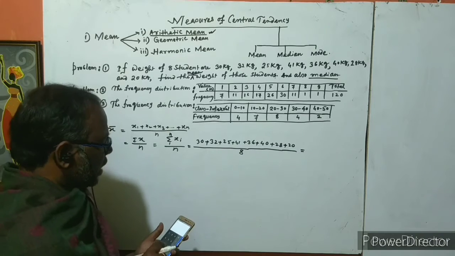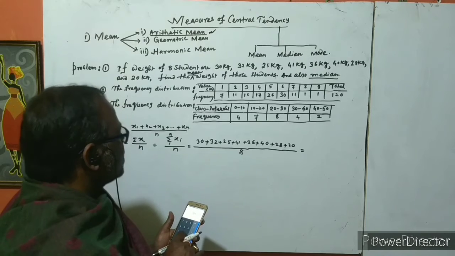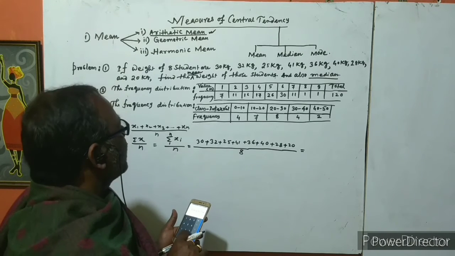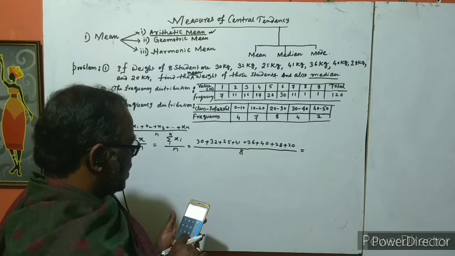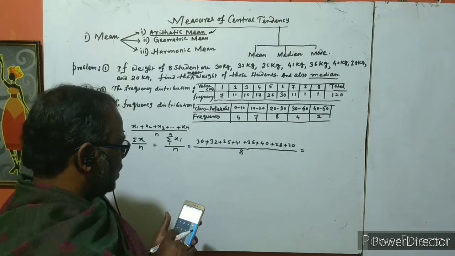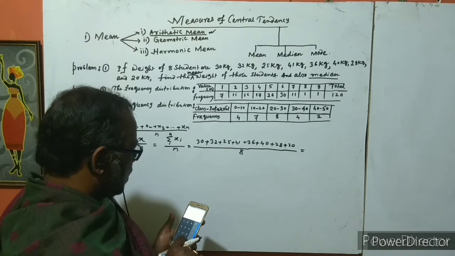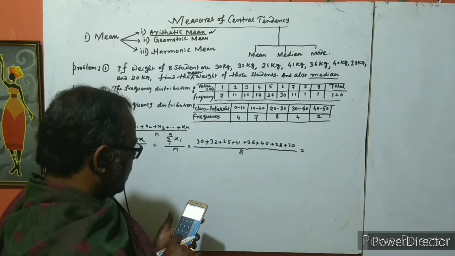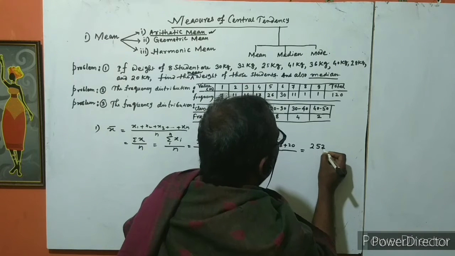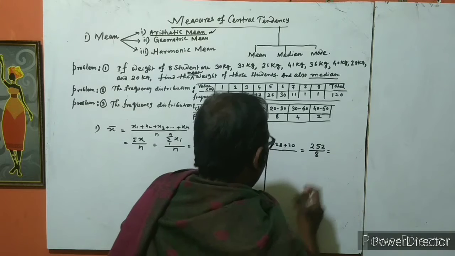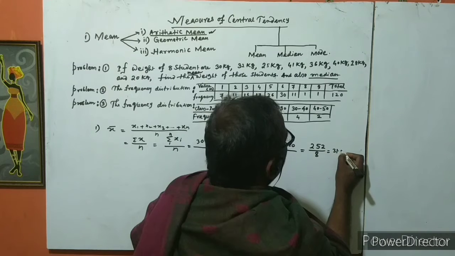Now calculate the sum: 30 plus 32 plus 25 plus 41 plus 36 plus 40 plus 28 plus 20. The total is 252. 252 divided by 8 gives 31.5.